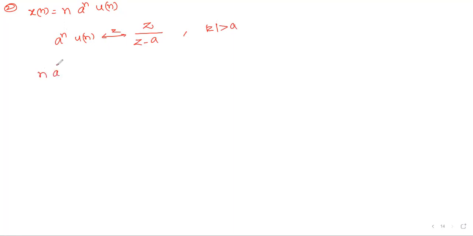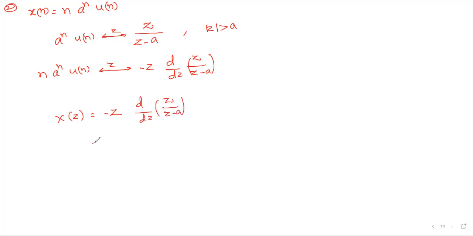Now n into a power n u of n. There is a multiplication in the time domain with n, so it will become minus z into d by dz of z by z minus a. So x of z is equal to minus z into d by dz of z by z minus a. Taking z minus a common: differentiation of z is 1, minus z, and differentiation of z minus a is 1, divided by (z minus a) whole square.